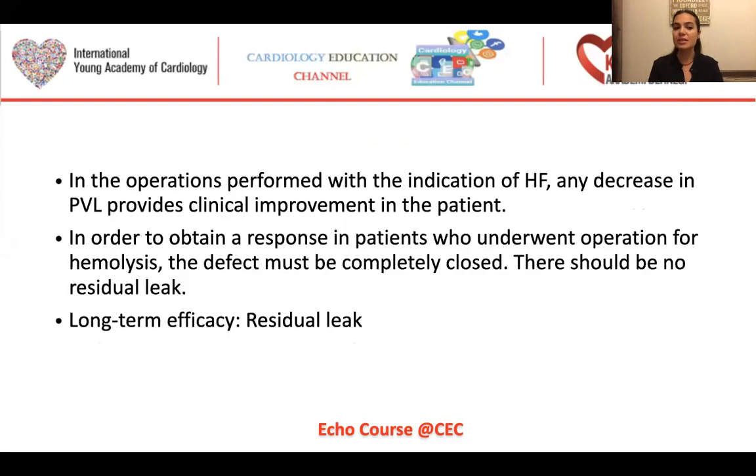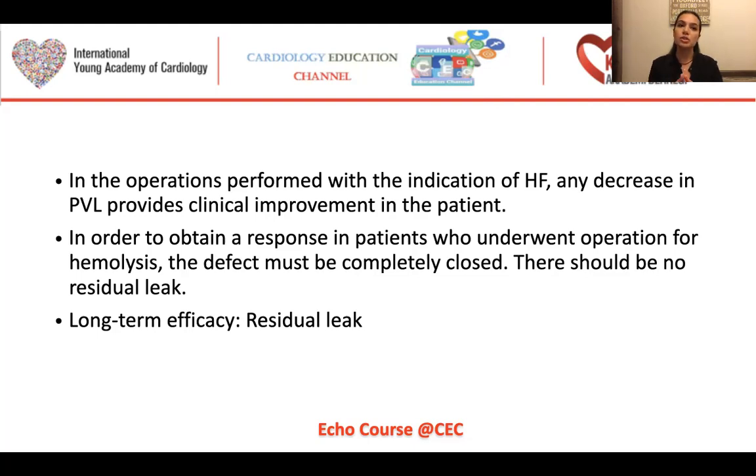Any decrease in the PVL provides clinical improvement if the patients go to operation due to heart failure. But if the patient's problem is hemolytic anemia, then the defect must be completely closed.